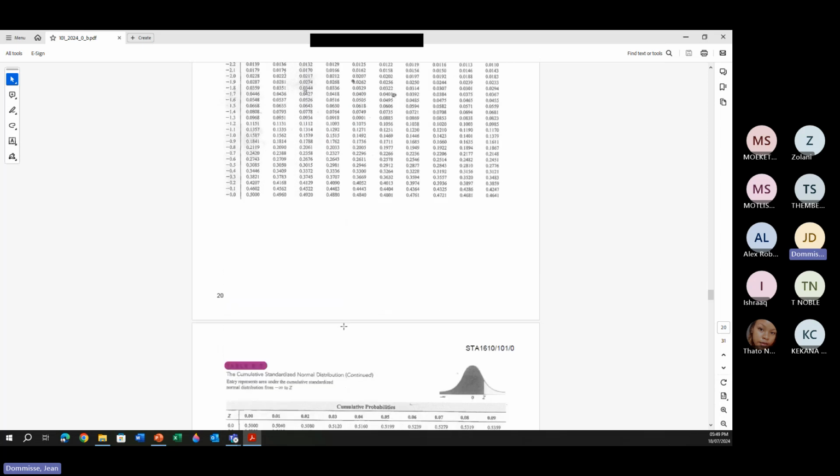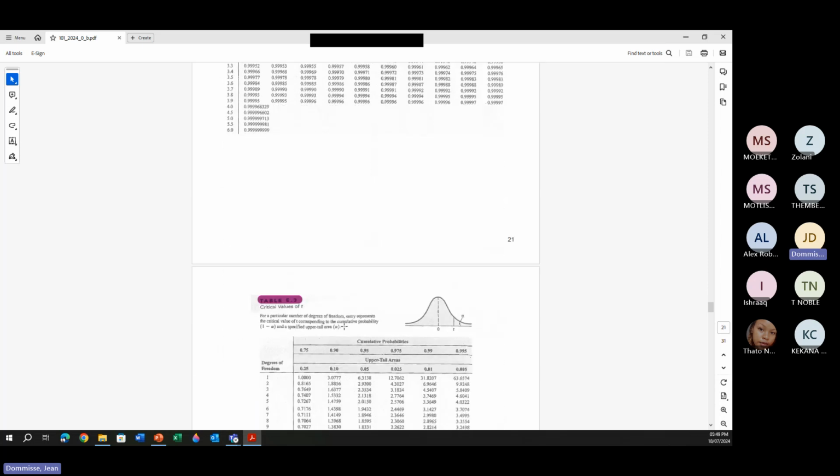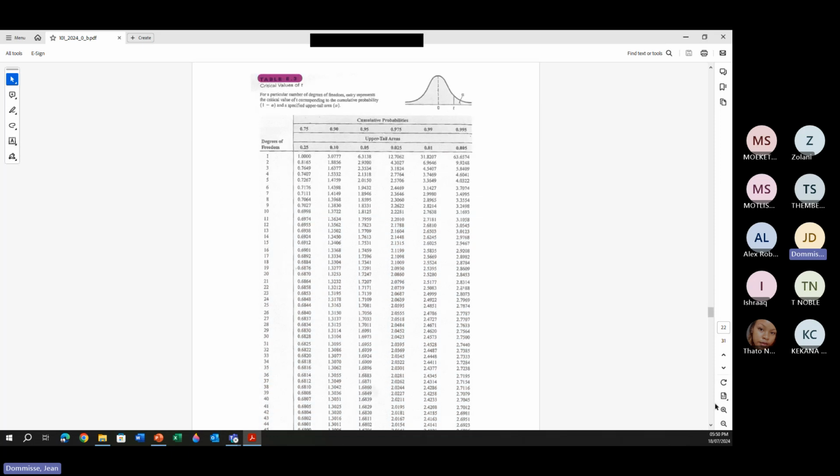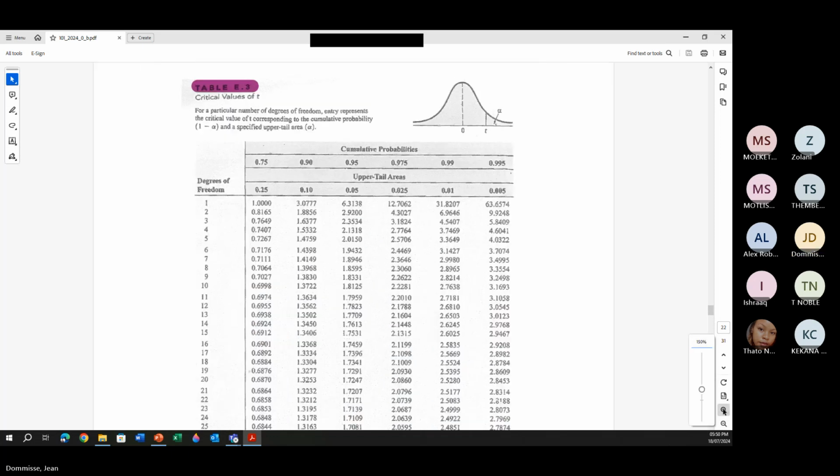Let's just quickly check. That's the Z tables. Okay, so that is the T table. Let's zoom in again.